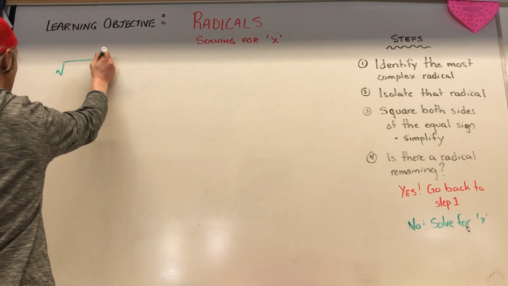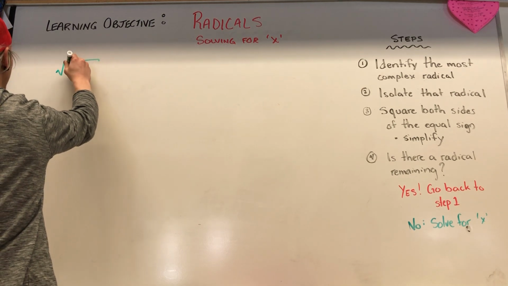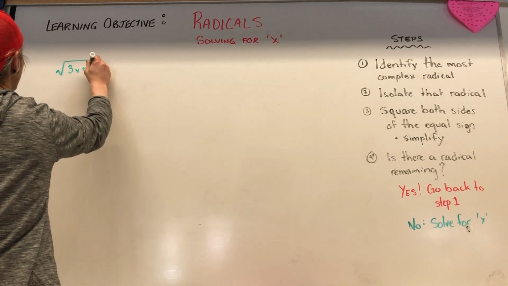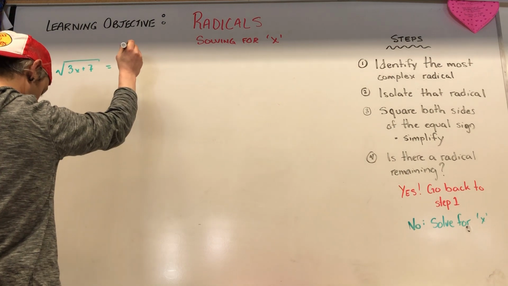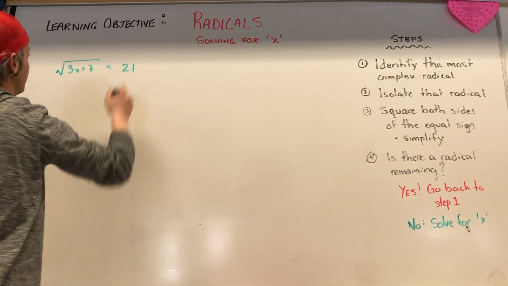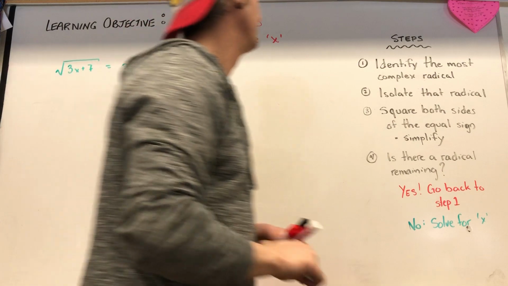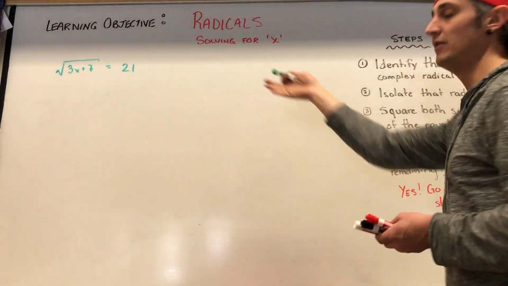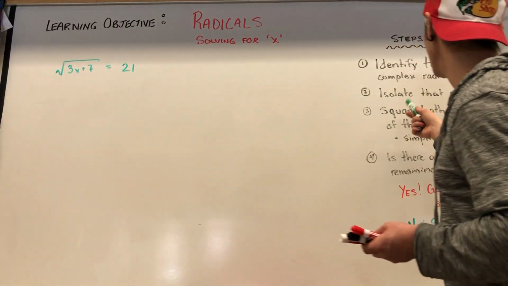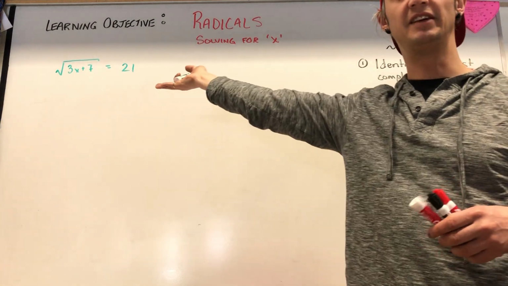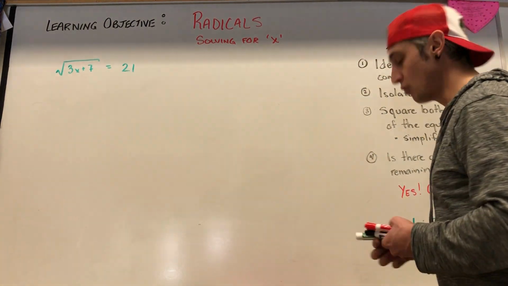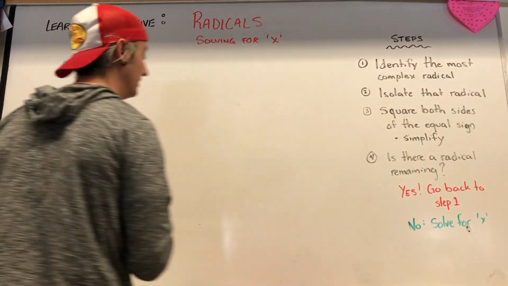So let's say we had a problem that gave us the square root of 3x plus 7 is equal to 21. Well, we go to the steps. Identify the most complex radical. I only have one. So I'm going to isolate that radical. It's already isolated. Now I'm going to square both sides.